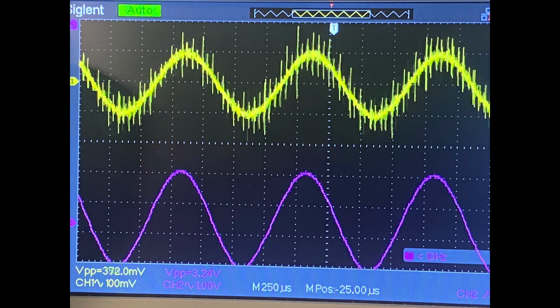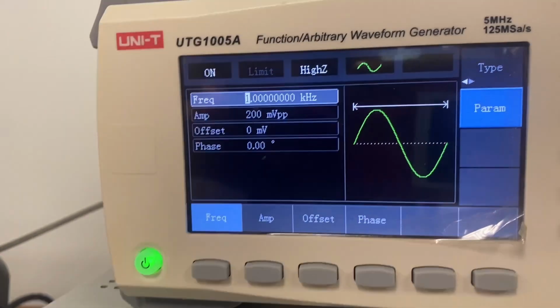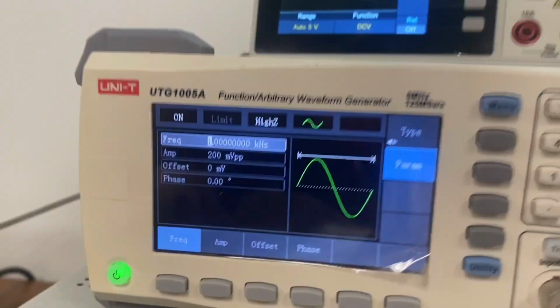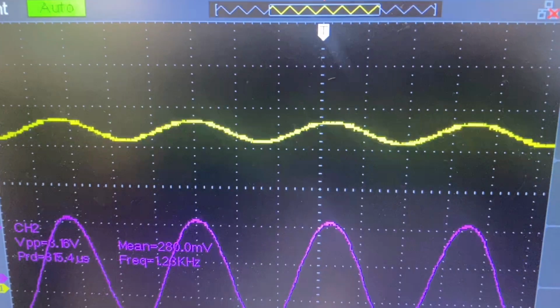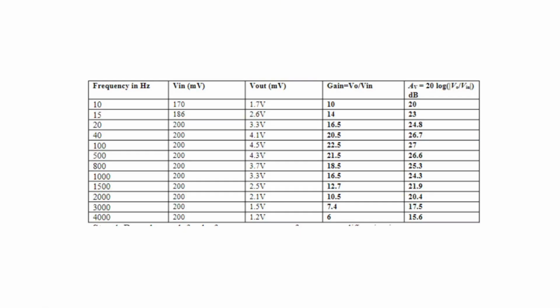And as you can see, my VPP for the output is 3.24 volts, and that gain is around 10. And continuing with different frequencies, you can see that the gain will increase and decrease. So it will peak at around 100 hertz, and then it will decrease. So it will form a graph.